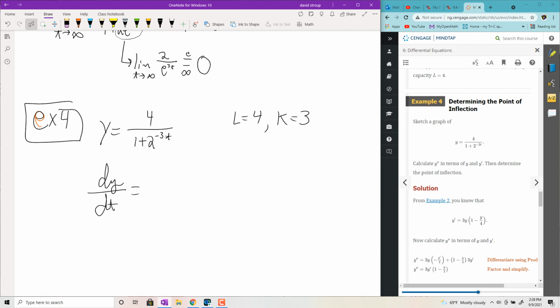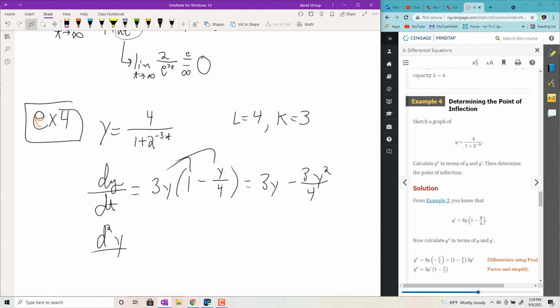So we can write our differential equation, because we know the L and the K, right? So it's 3y times (1 minus y) all over 4. Let's go ahead and distribute. I don't think they do that in the book, and I think it's a little easier if you just distribute. So 3y minus 3y squared all over 4. And then we differentiate that implicitly.